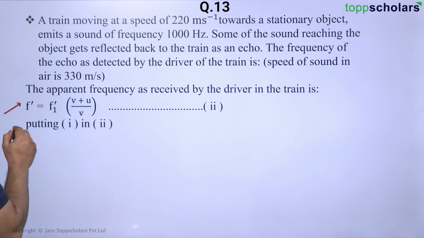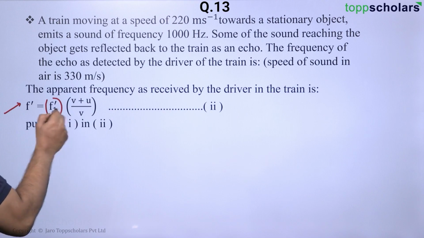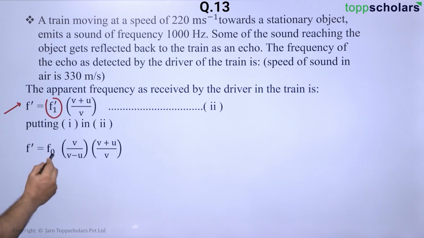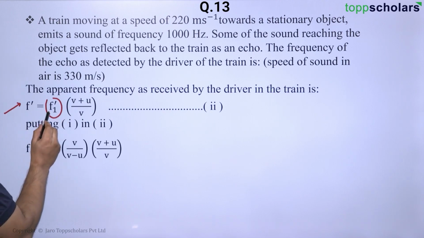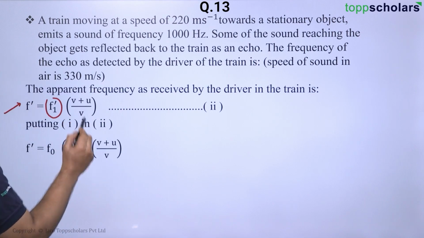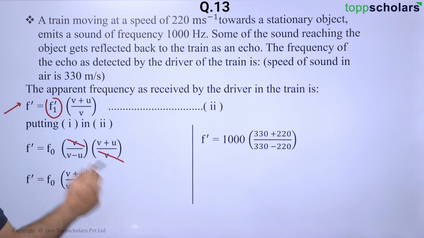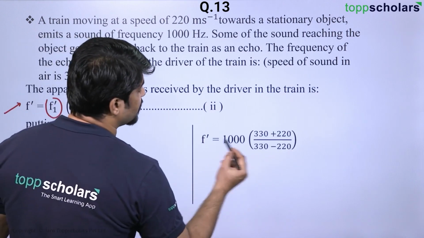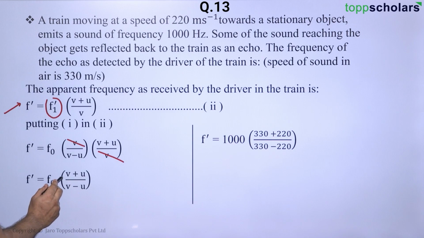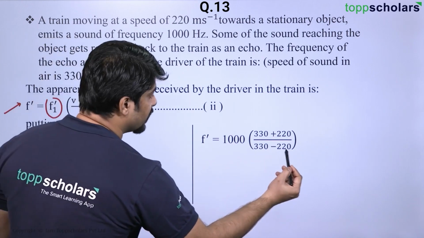Now we will put the equation of f1 dash from there over here. So f1 dash is f naught v upon v minus u, and this is v plus u upon v. The v will get cancelled, and we get the final equation. Now we put all the numbers. Original frequency is 1000, v is 330, u is 220, and here also 330 minus 220.